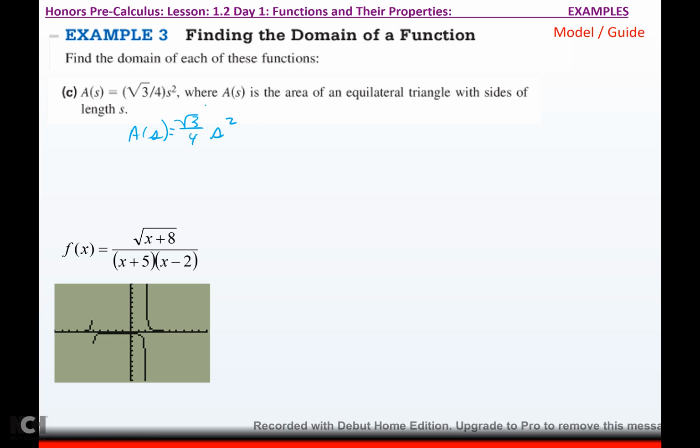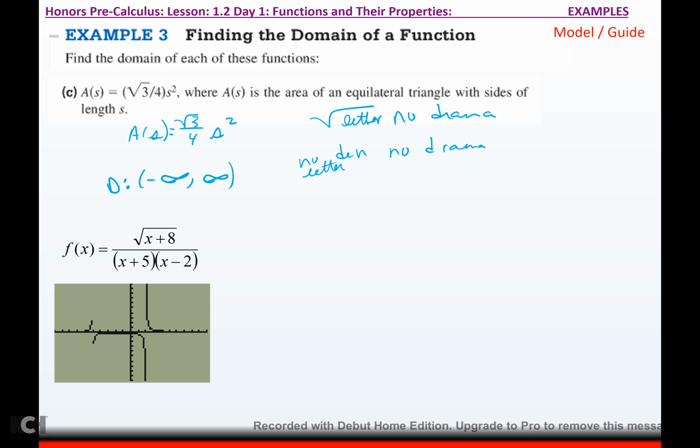Well, the domain, they're trying to freak you out because you see a radical and you see a fraction, but there's no letter under the radical, so that's no drama. And I have a denominator, but there's no letter in it, so there's no drama. No drama means that my domain is -infinity to infinity, all real numbers.